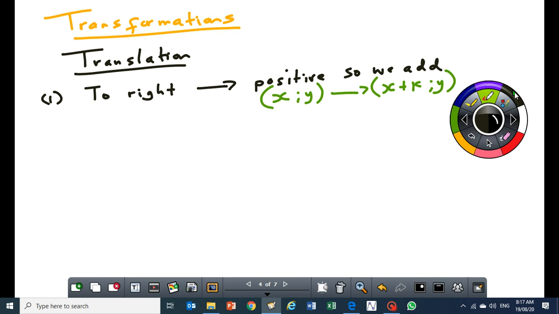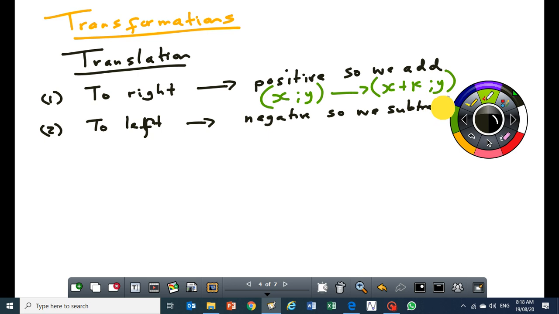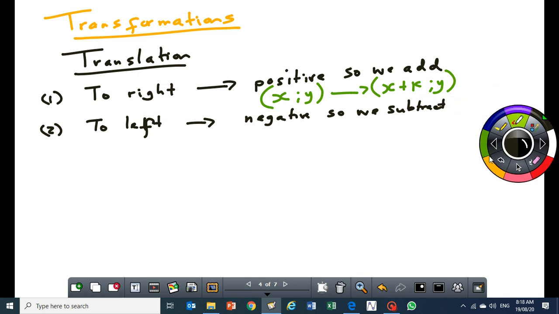So that's an example. Then number 2, to the left. Negative. So we subtract. Now a translation to the left, we are talking about X here.